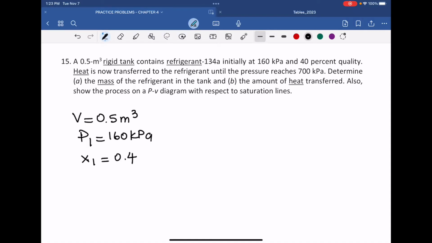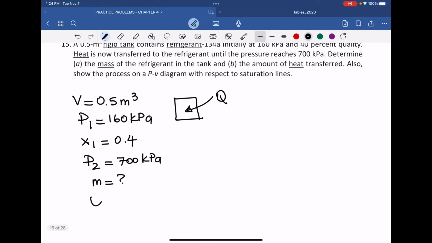Heat is transferred now to the rigid tank, and the pressure becomes 700. Determine the mass of the refrigerant and the amount of heat transferred. Okay, and you can also show the process on a PV diagram.